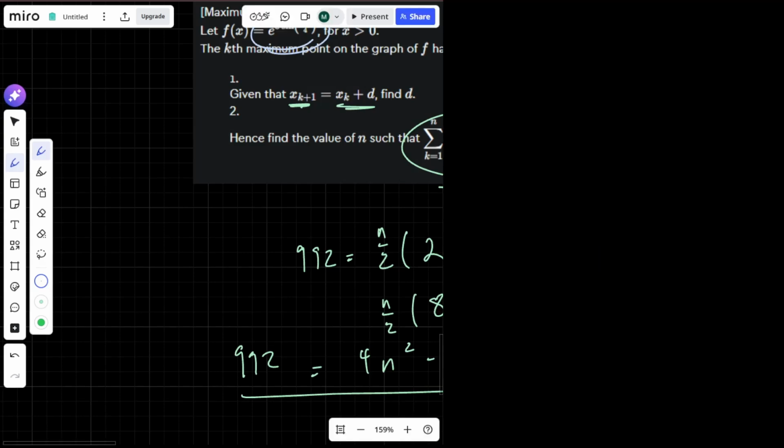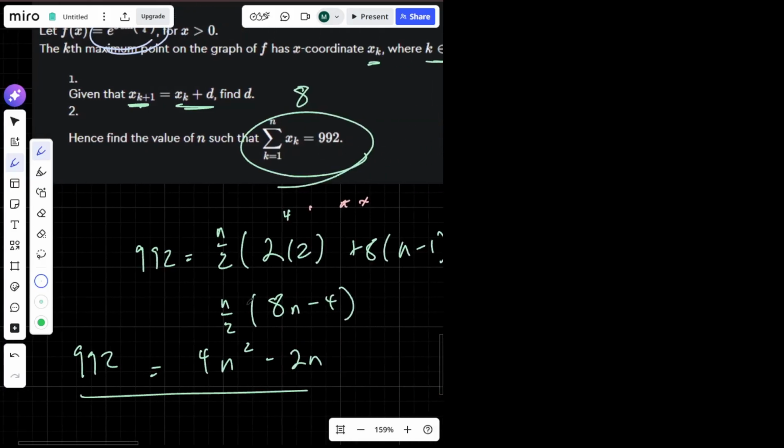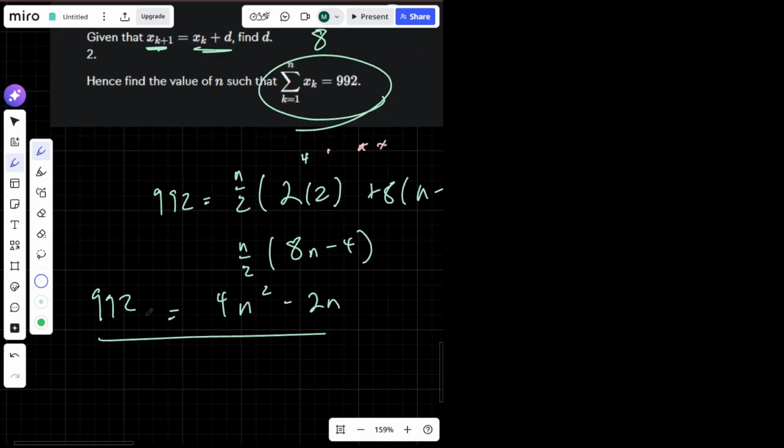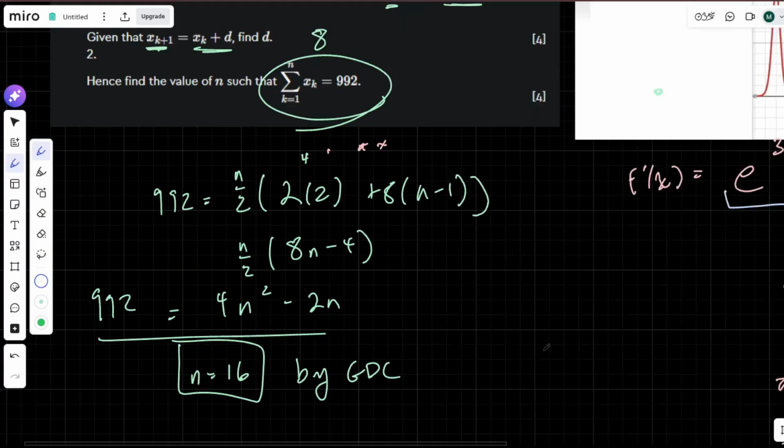Over here, we're going to have 992 equals 4x squared minus 2x. Where are our solutions? Well, we've got one at negative 15.5. That's not super helpful to us. Our solution that is helpful is n equals 16, and I'm just going to put by GDC, just to indicate where this is all coming from. But that should be our answer. When we get n terms, that's when we're going to have our full solution.